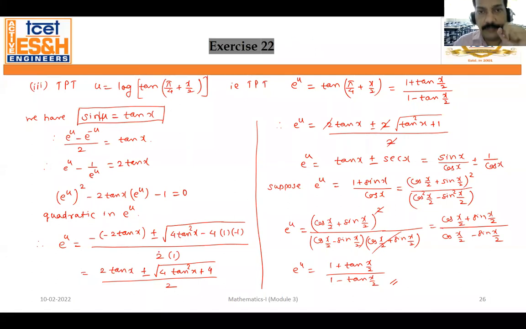Fine. So since it was giving me a quadratic equation in e raised to u, and that was having maximum two roots, that's why I'm getting two values. That is the reason I'm getting two values of e raised to u.